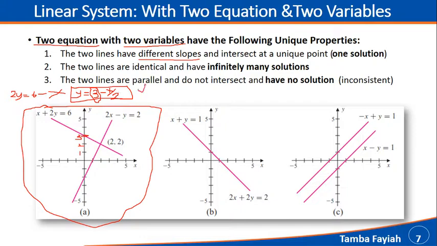Or we can just rewrite this equation as y equals 3 minus 1 over 2 x. So minus 1 over 2 is the slope of this first line here.